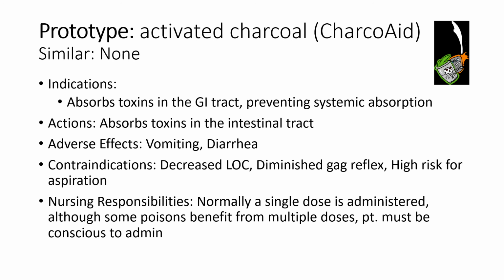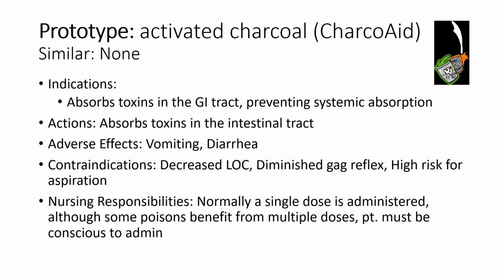And activated charcoal comes as this liquid bottle that we have people drink. It's probably about half a liter, and it just stains everything black. If you give it to a child, there's black face, black hands, black sheets. It's just a mess. And often activated charcoal is in a liquid with sorbitol in it.